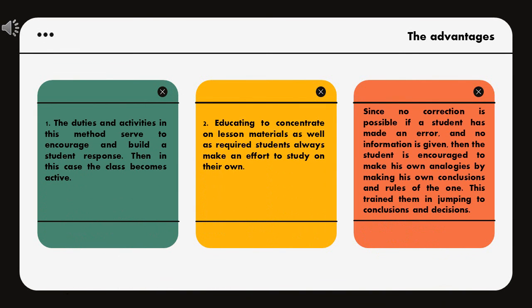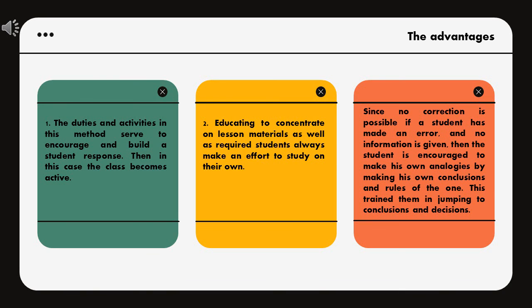The advantages. First, the duties and activities in this method serve to encourage and build a student's response. Then in this case, the class becomes active. Second, it educates students to concentrate on lesson materials and requires students to always make an effort to study on their own.